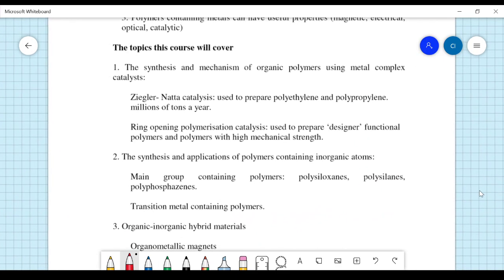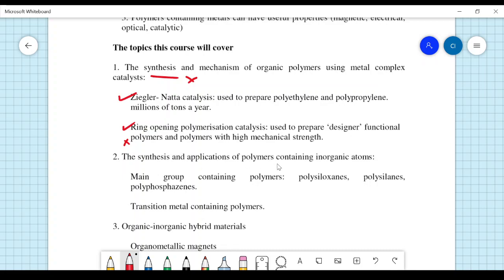what I am going to cover. So here we are not going to cover the synthesis mechanism. I already dealt with the Ziegler-Natta catalyst to prepare the polyethylene and polypropylene. I think you have studied them, and I told you under the polymerization. Then ring opening is also there, but this is also not what we're seeing.